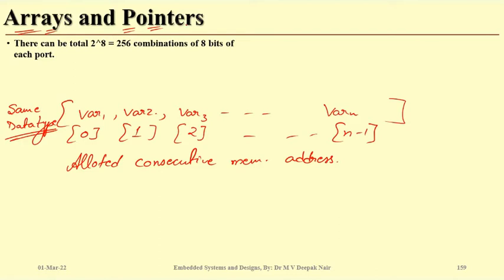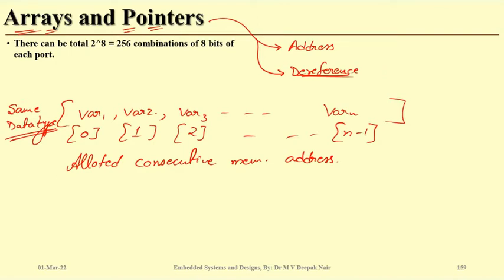When we are talking about pointers, of course pointers will point to an address, and you can use pointers and then dereference them for changing the value of that particular variable.